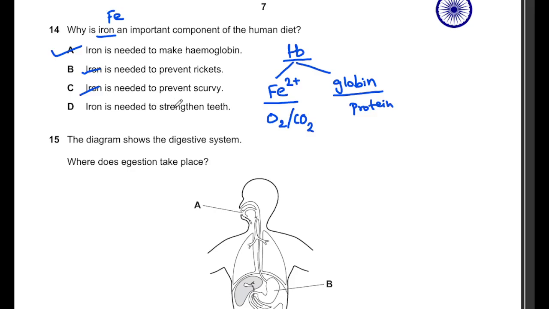Iron is needed for strengthening the teeth. So iron is not here, it's about calcium. Here we have vitamin C, and here rickets, also the brittle bones. You require more calcium here. So for this question, A is the correct answer.